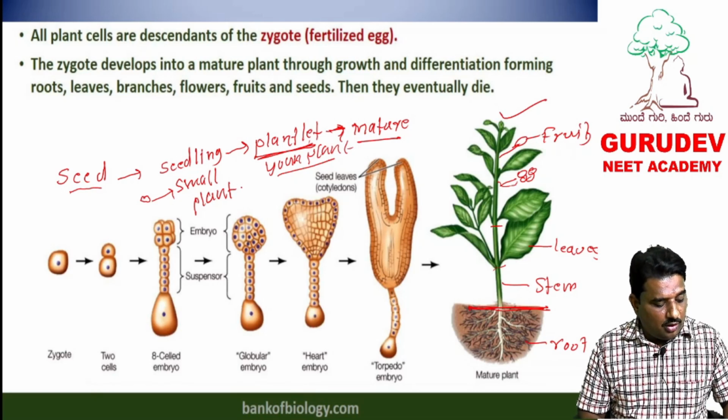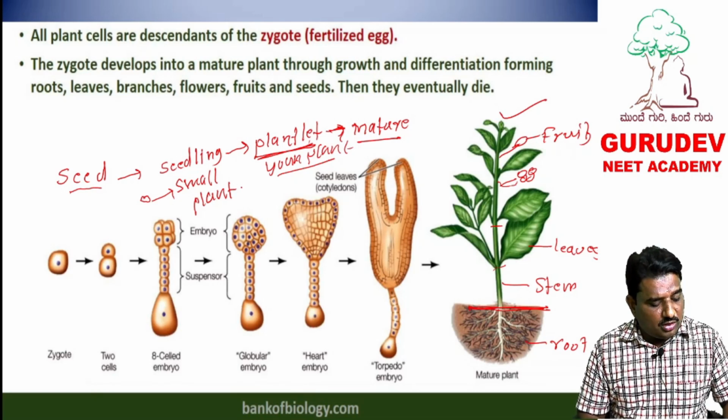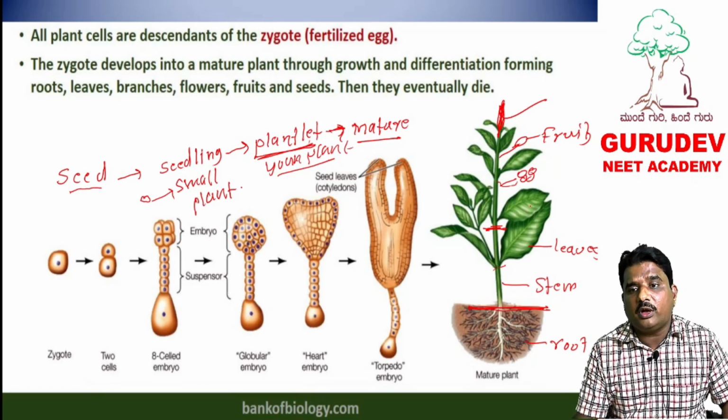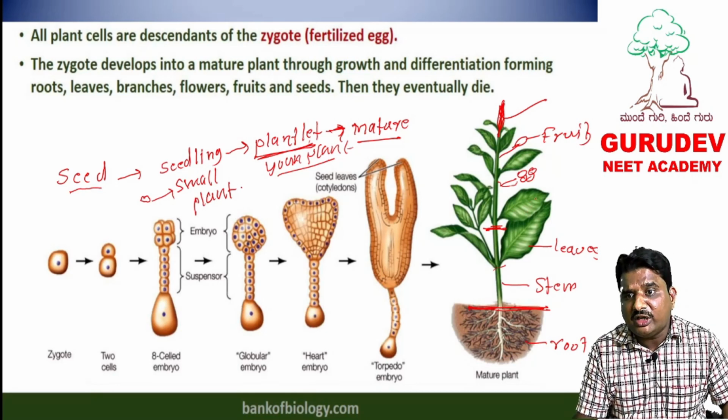Now, there is a continuous increase in the height of the plant. The height of the plant increases, and the girth of the plant is going to increase. And flowers, leaves, and fruits do not have only limited dimensions.